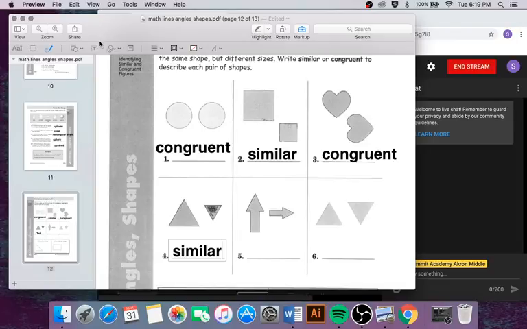Number 5 are both arrows, which makes them the same shape. One is small, one is big. So if they're the same shape but different sizes, they are similar. Number 6, they are both triangles, and even though they're facing different directions, they are both the same size. So same size and same shape makes them congruent.